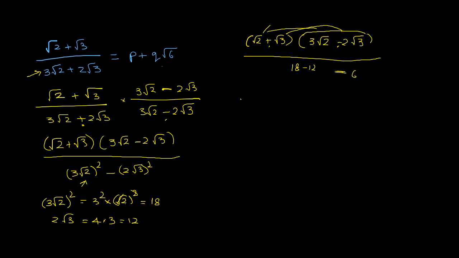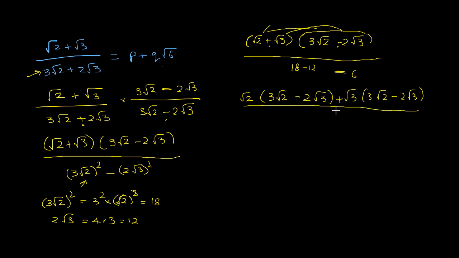Multiply this. So root 2 into 3 root 2 minus 2 root 3, and then I have plus root 3 into 3 root 2 minus 2 root 3. Yeah, now it's done. Good, that is plus, divided by 18 minus 12, which is 6. So if I multiply this, what is going to happen?